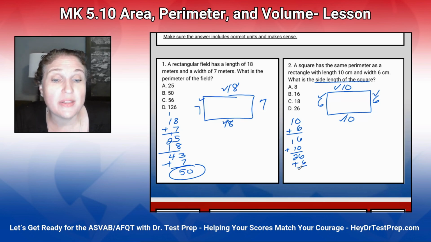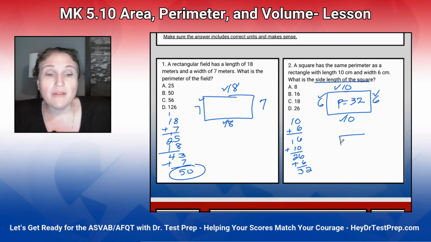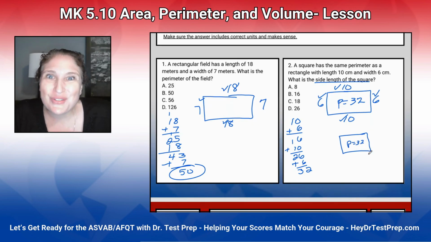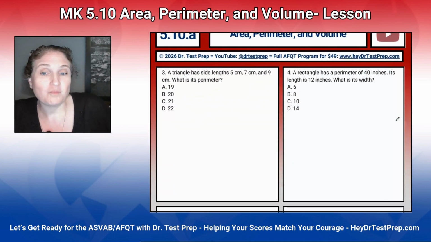Plus 6 gives me 32. So this entire perimeter around is like 32 feet. Well, if you have a square and pretend that's a square, the perimeter is also 32, we know that all the sides of the square are the same. So all we have to do is take our 32 and divide it by the 4 sides in a square. And then we get the side length of 8.